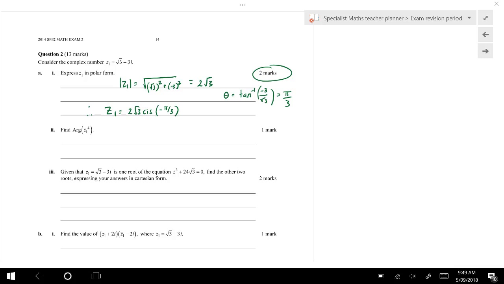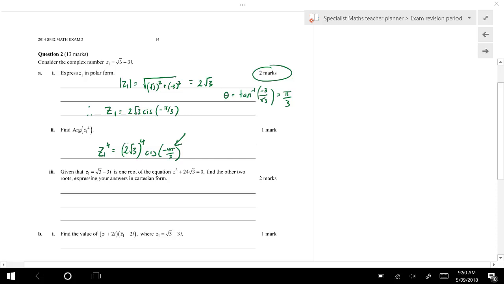Now, it says find the argument of Z1 to the power of 4. Well, first of all, we know that Z1 to the power of 4 is equal to 2 root 3 to the power of 4 cis of minus 4 pi on 3. But is that argument in the range of minus pi, not inclusive, to pi inclusive?